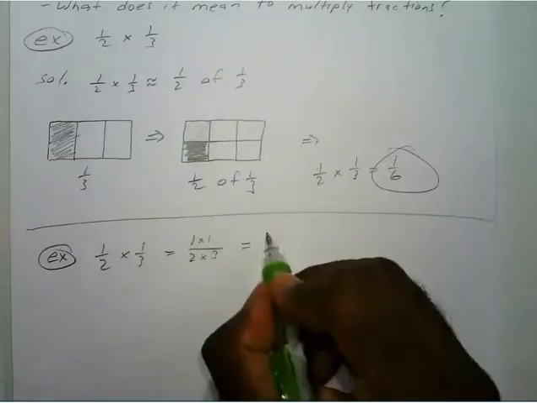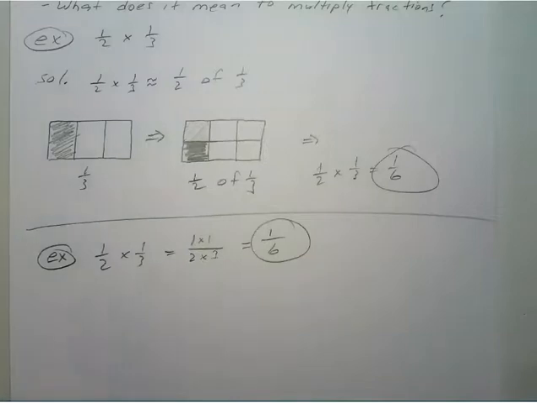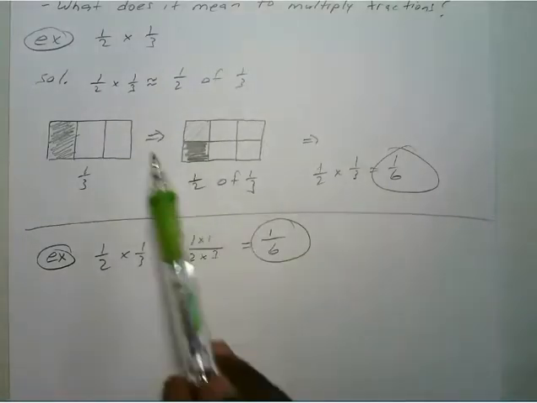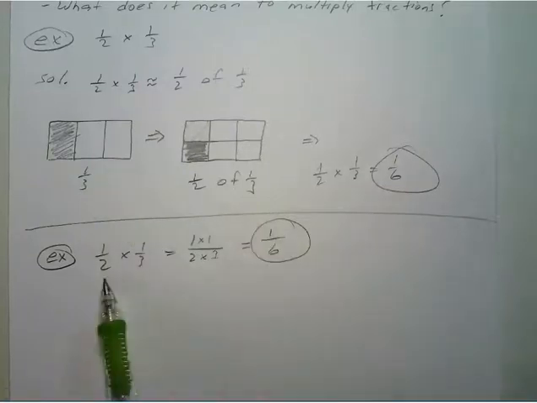So our 1 times 1 is 1, and our 2 times 3 is 6. Whether you choose to do it using the visual pictures or graphs, or you just plan to do it this way, that's how you would get your answer.